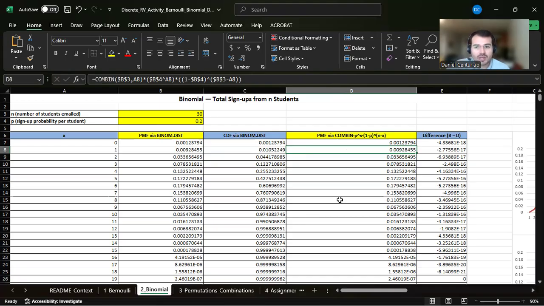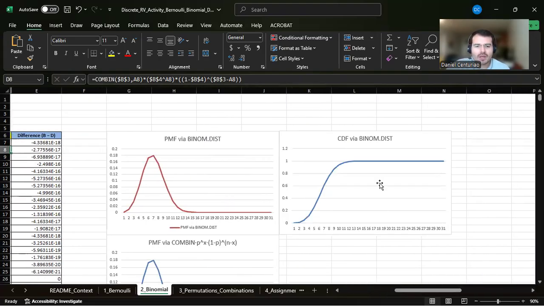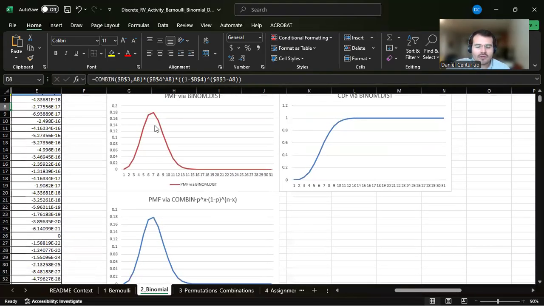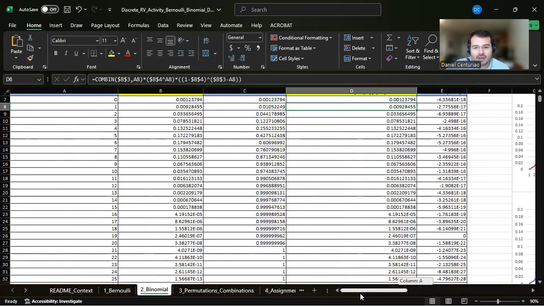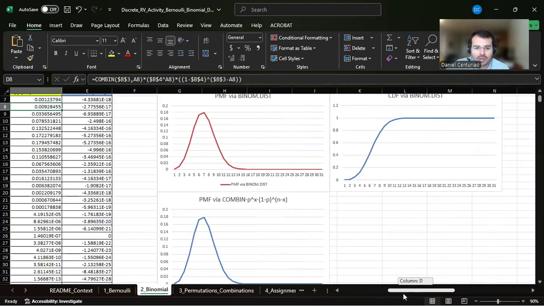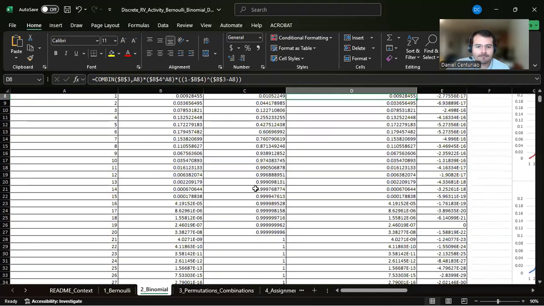I wanted you to explain why that is happening. Here you have the line graph of the two of them, and you can also compare it visually and say how similar or not they are.